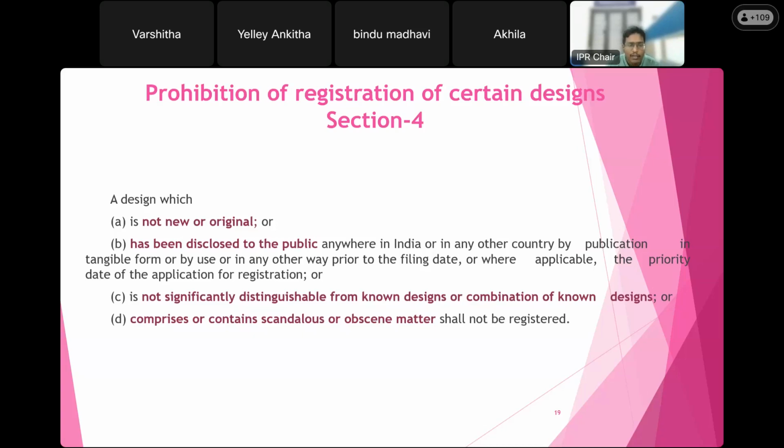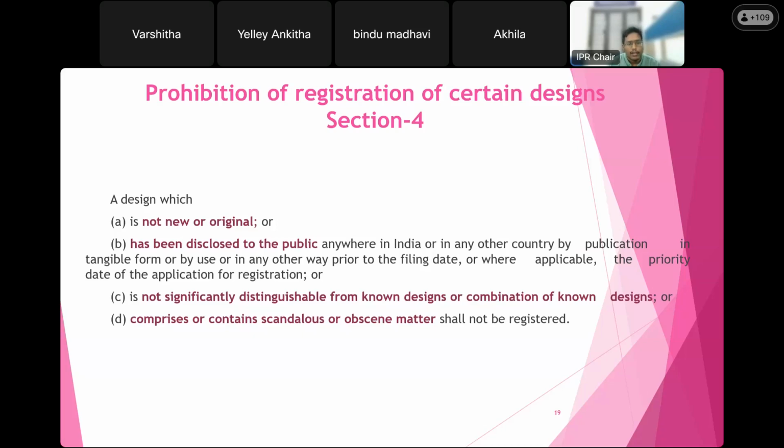So if it is already in the public domain, sorry, registration cannot be given to you as it is already available in the public domain. And if it is not new or original, design registration cannot be given for that.